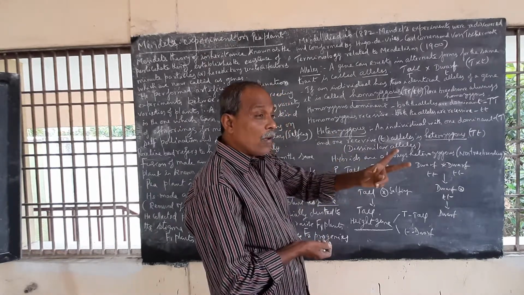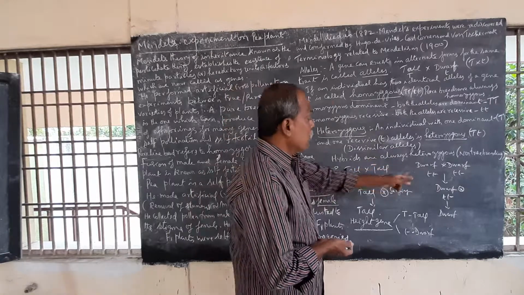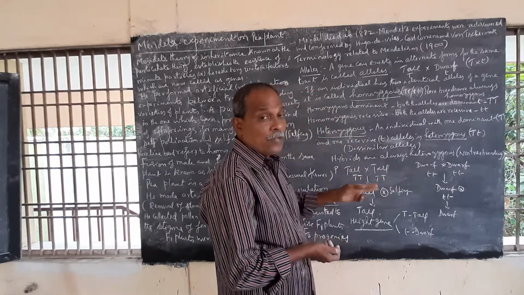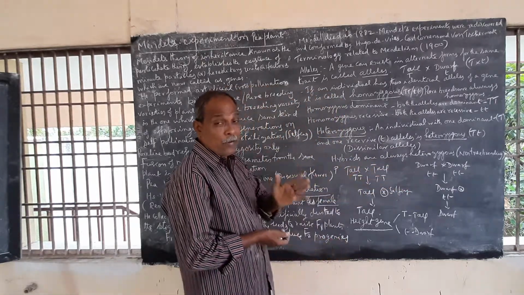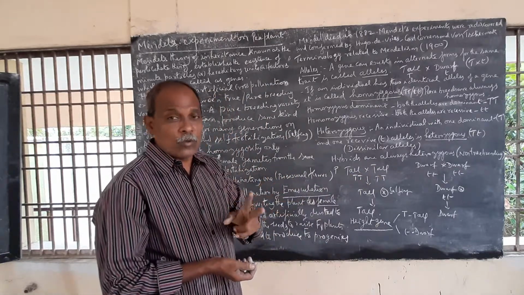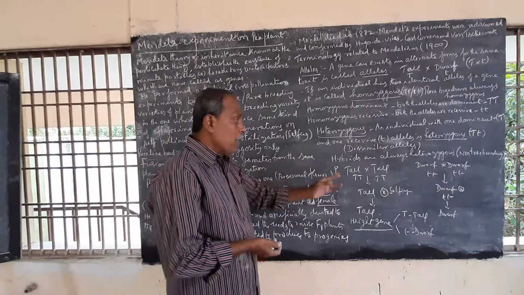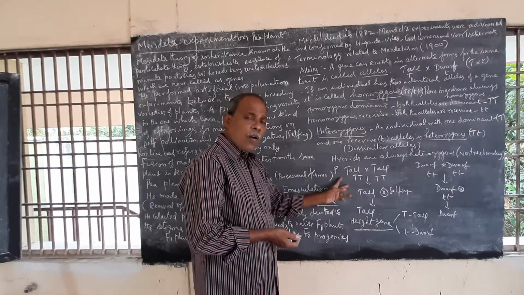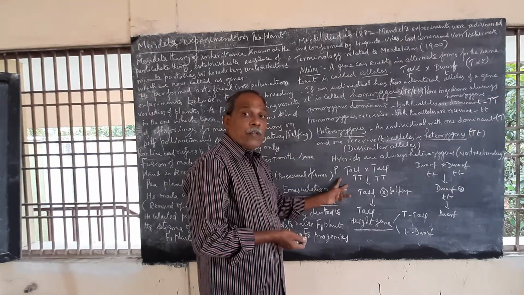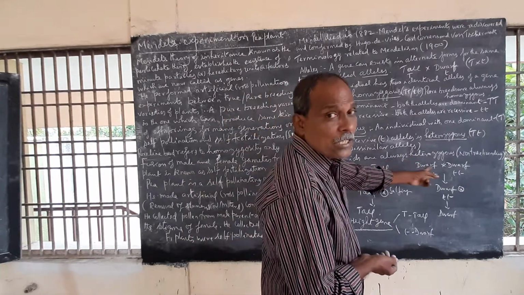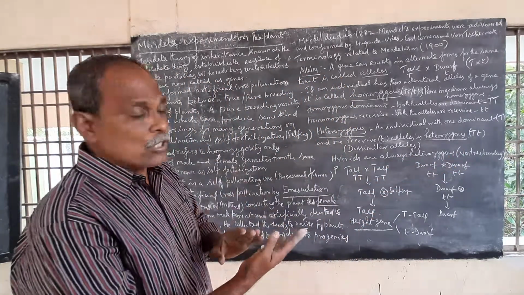If an individual has two alleles that are identical, it is called homozygous. If both alleles are dominant, it is homozygous dominant. If both alleles are recessive, it is homozygous recessive.